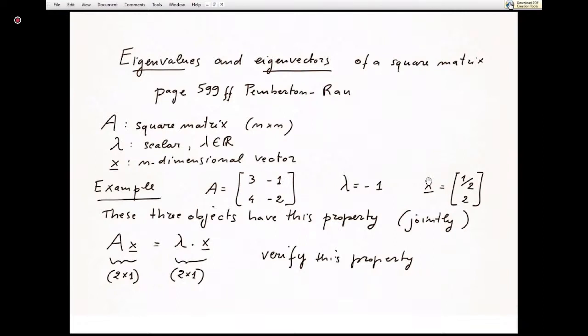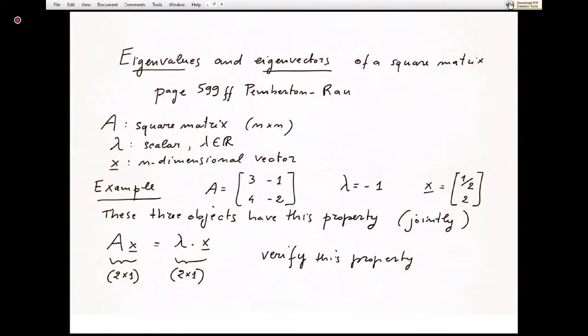And it is the same two-dimensional vector that I obtain if I multiply the scalar lambda by vector x, okay? And this means that when it comes to this particular vector x, multiplying -1 times x gives the same result as multiplying this matrix times x. Okay, so these three elements jointly have this property.